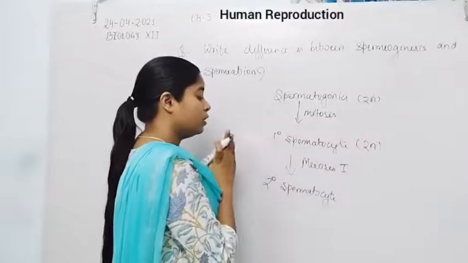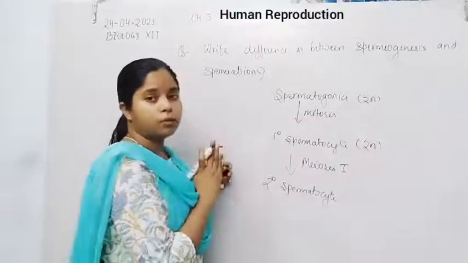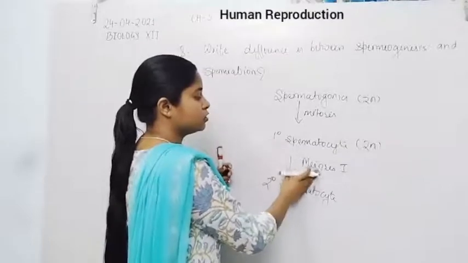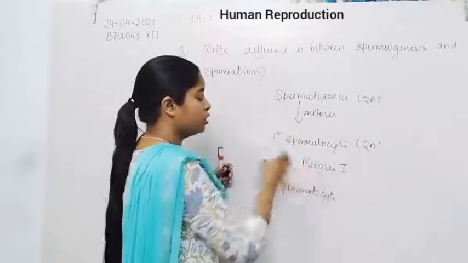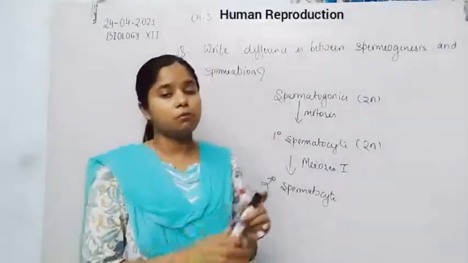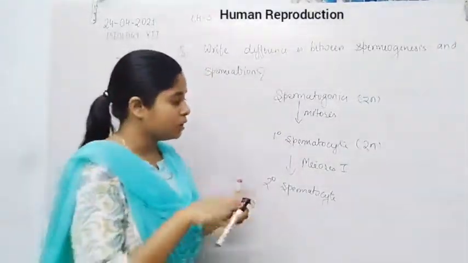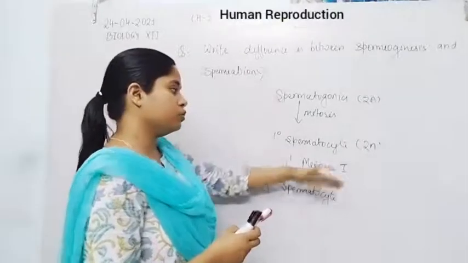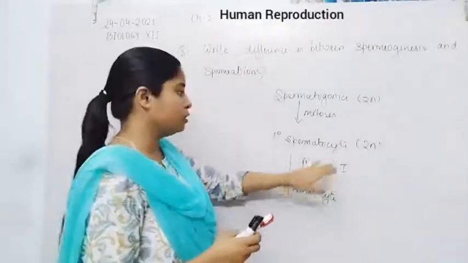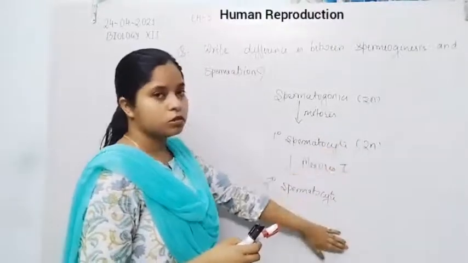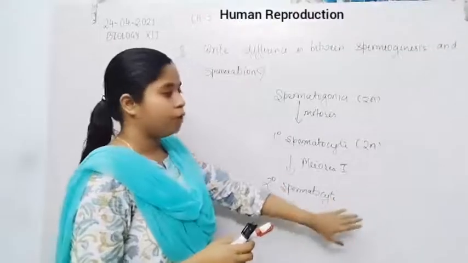During the formation of the secondary spermatocyte, the primary spermatocyte undergoes meiosis first division. Meiosis first division is a reduction division and meiosis second is the same as mitosis division. So why is it known as reduction division? Because due to the meiosis first division, the chromosome number of the cell which undergoes meiosis becomes halved in the daughter cells.